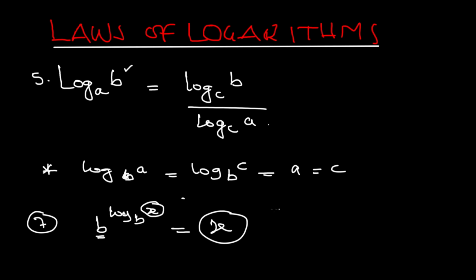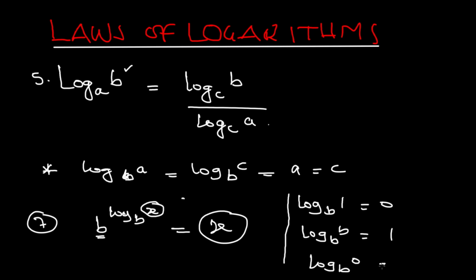And then just to finalize, obviously there are other rules, like if you had log base b of 1, this will be 0. Then if we had log base b of b, that will give you 1. Then if you have log base b of 0, this one becomes undefined.